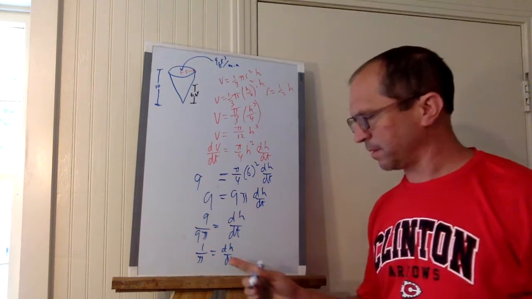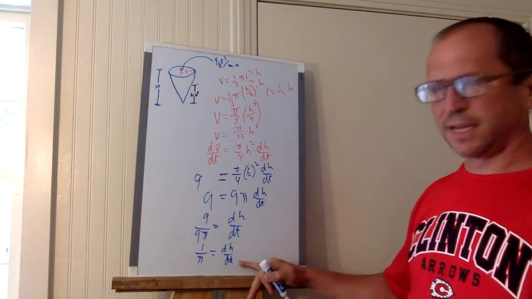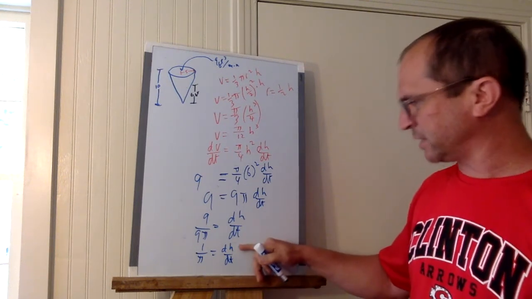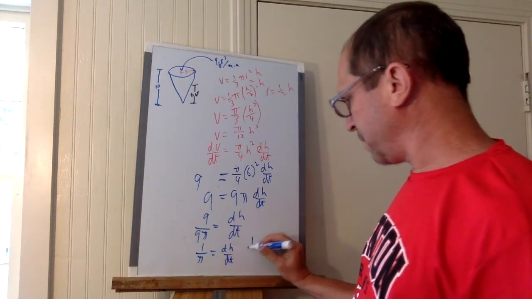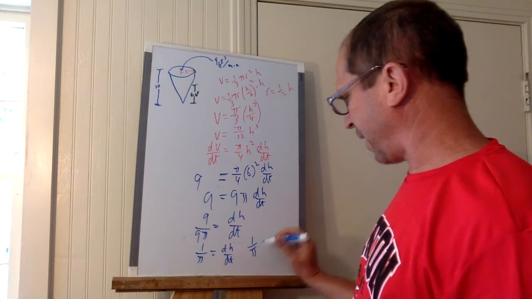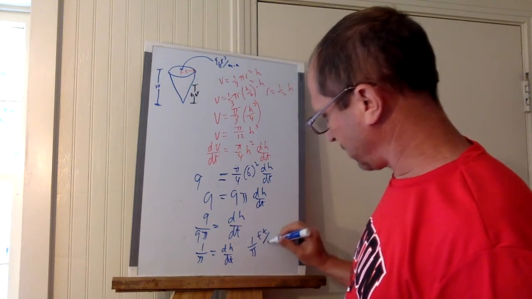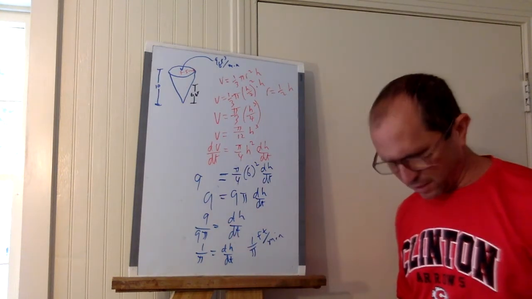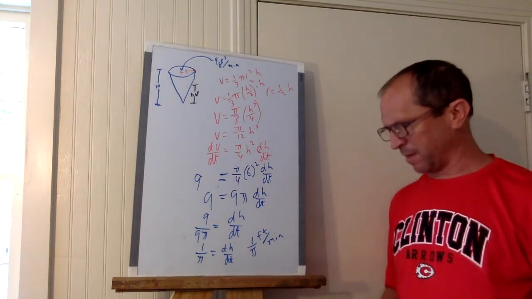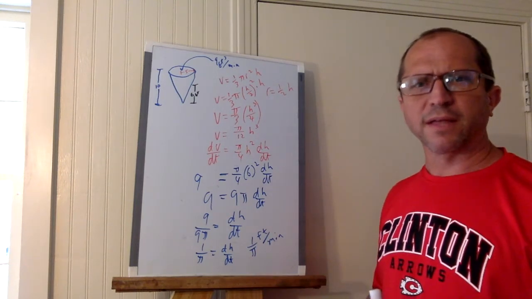Now, we have to think about the units here. dt is minutes, h is in terms of feet. So it's 1 over pi feet per minute at that instant. That's a decimal. When divided by pi, it would be somewhere around 0.3, but anyway, that's what we're looking at.